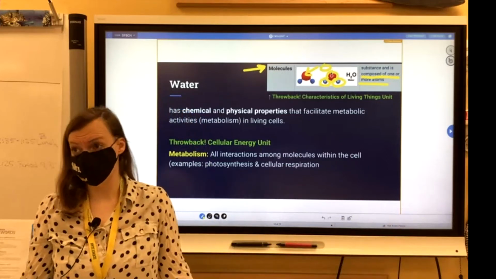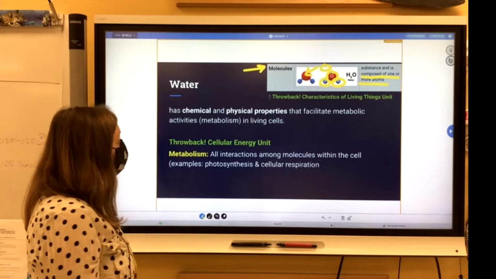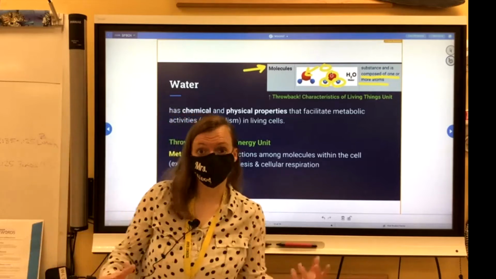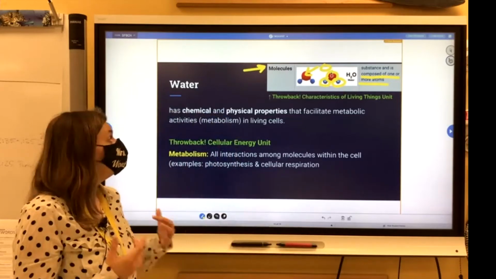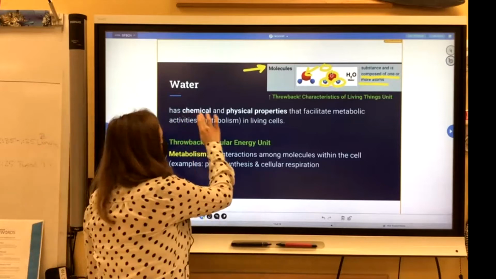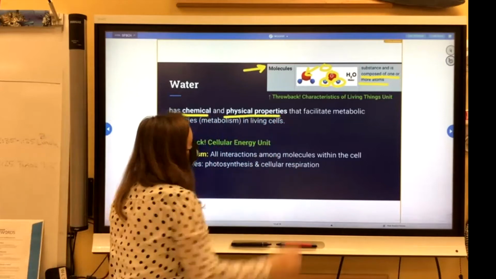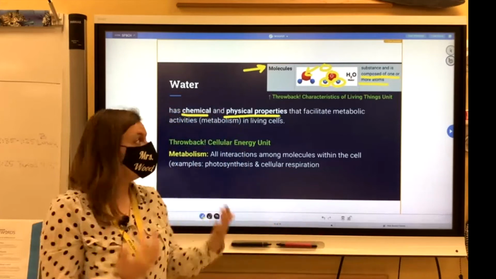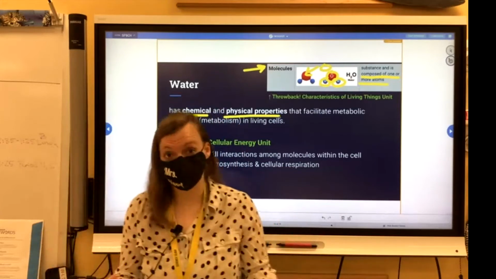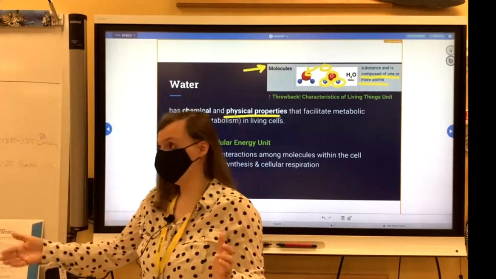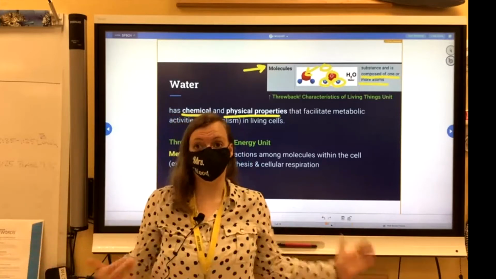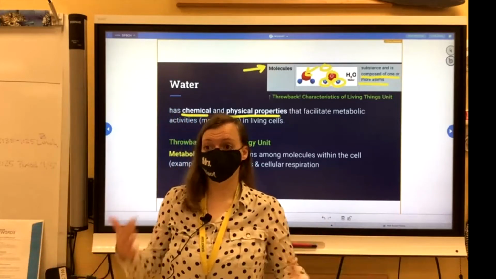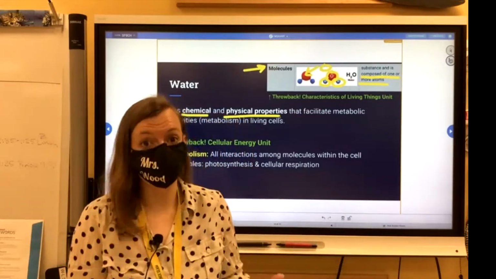Why is it important? Water is a really special molecule. It's got really unique chemical and physical properties that allow for metabolic activities or metabolism in our cells. If we did not have water in our bodies, our cells would not be able to do chemical reactions.